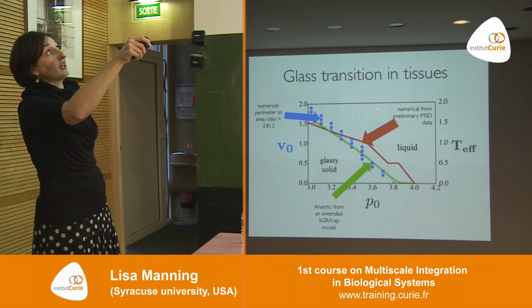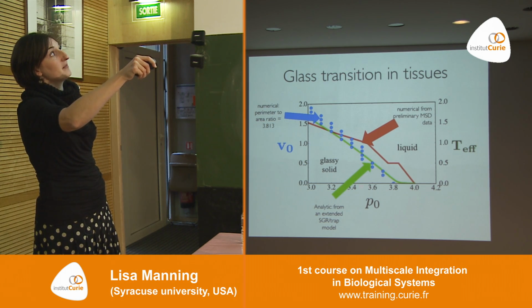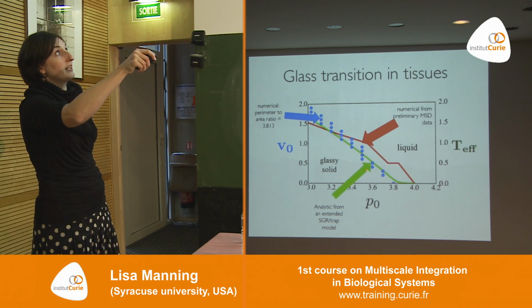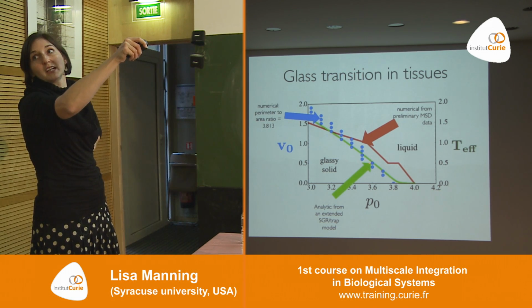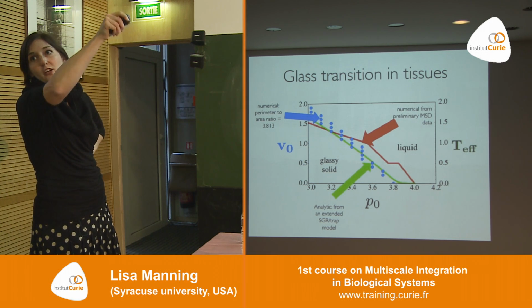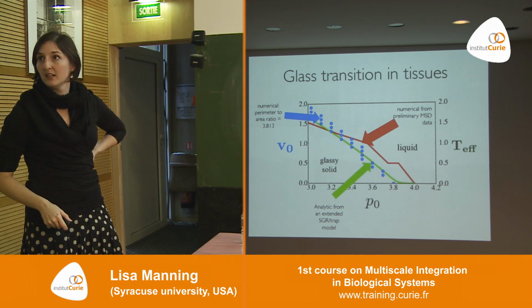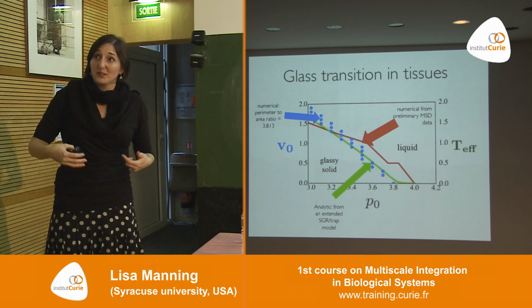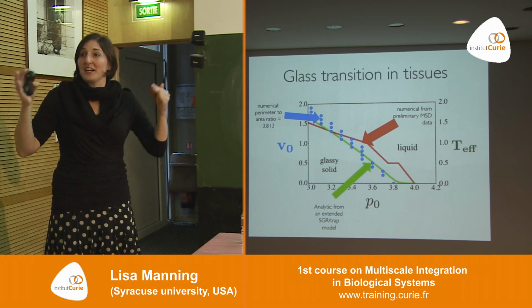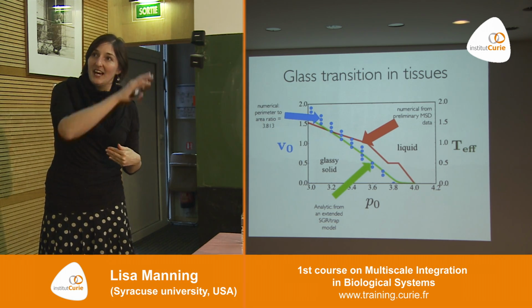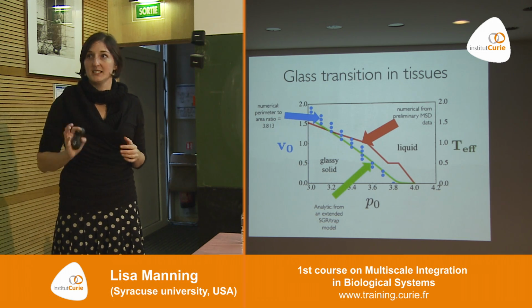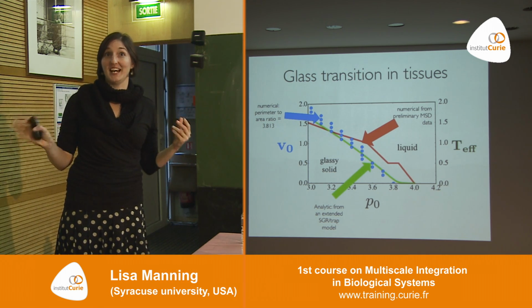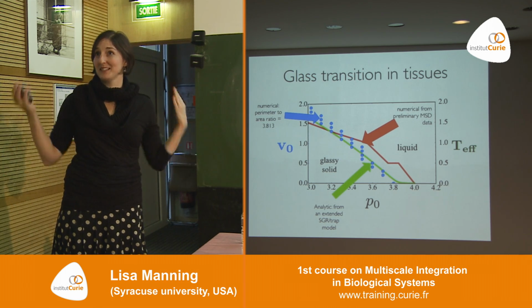Then you would take it into a liquid, and you would see that as you go from down here, where you're still sitting at a P0 bar of 3.813, right at this transition point, you would leave it being 3.813, and then it would start increasing away from that line. So it's just saying that this observable should change, even at finite cell motilities, exactly at the glass transition point, which is kind of cool and totally surprising, and I still don't understand exactly why it's true, but it's apparently true.